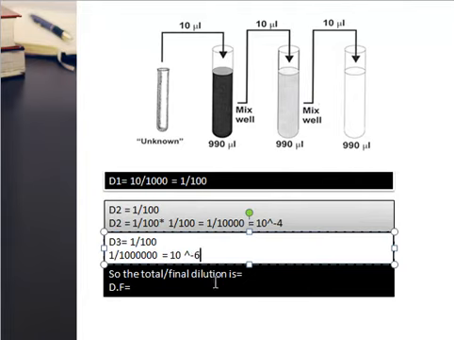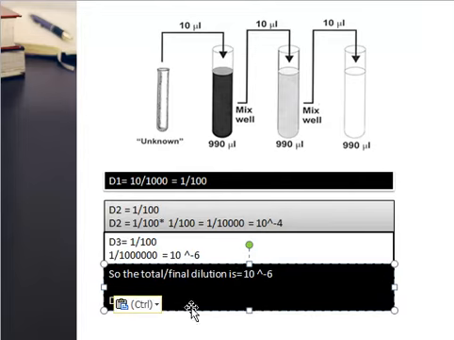This will be the final dilution here, and the dilution factor will be 1 million.